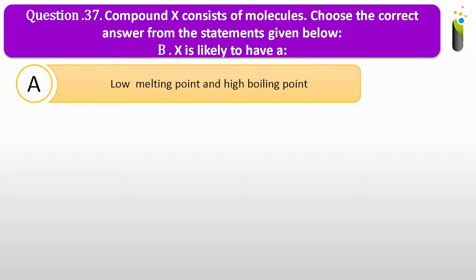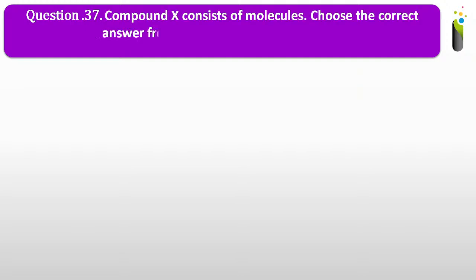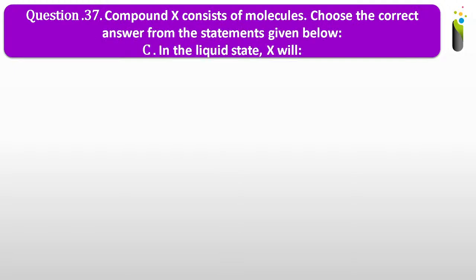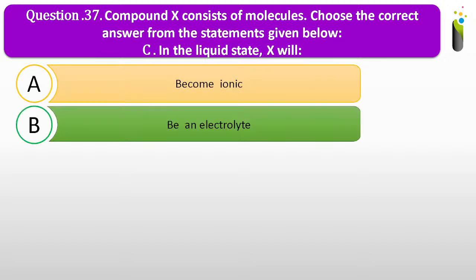point. Going ahead to question number 37, compound X consists of molecules. Choose the correct answer from the statements. And your sub-question C is, in the liquid state, X will be dash. A, become ionic. B, be an electrolyte.